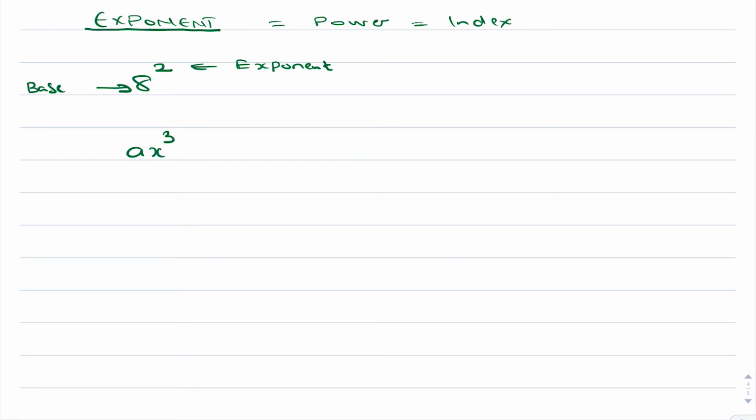Don't forget the a is the coefficient or the constant in front of the x cubed. So a is the coefficient, the x is the variable, and the 3 is the exponent.